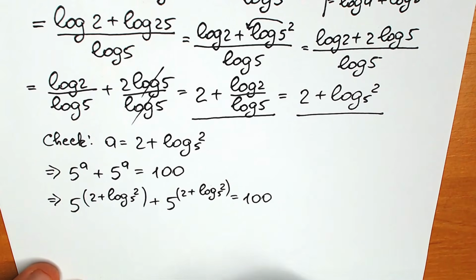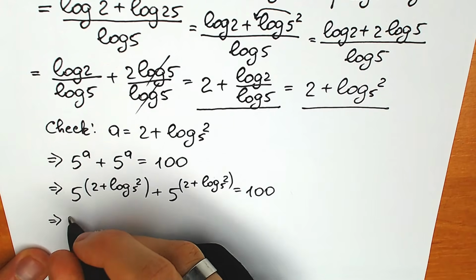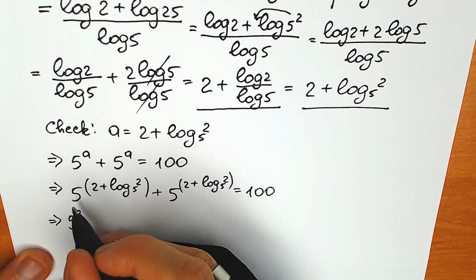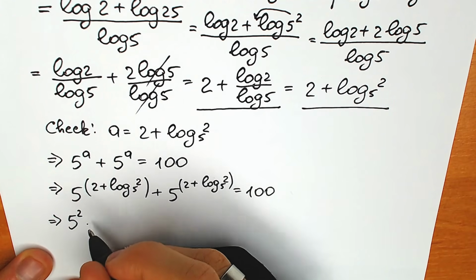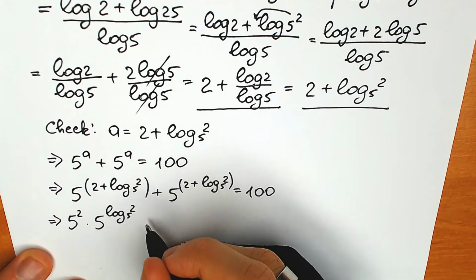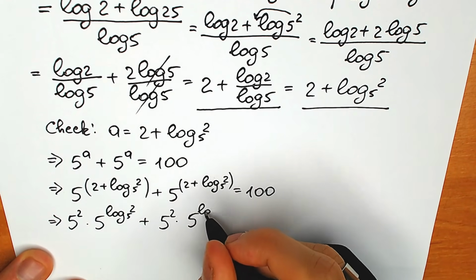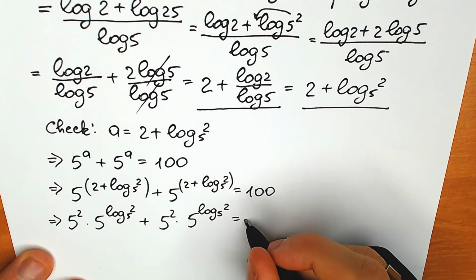In terms of the power rule, we can split this power. We can write it as 5 squared times 5 to the power log 2 base 5, plus 5 squared times 5 to the power log 2 base 5, equal to 100.